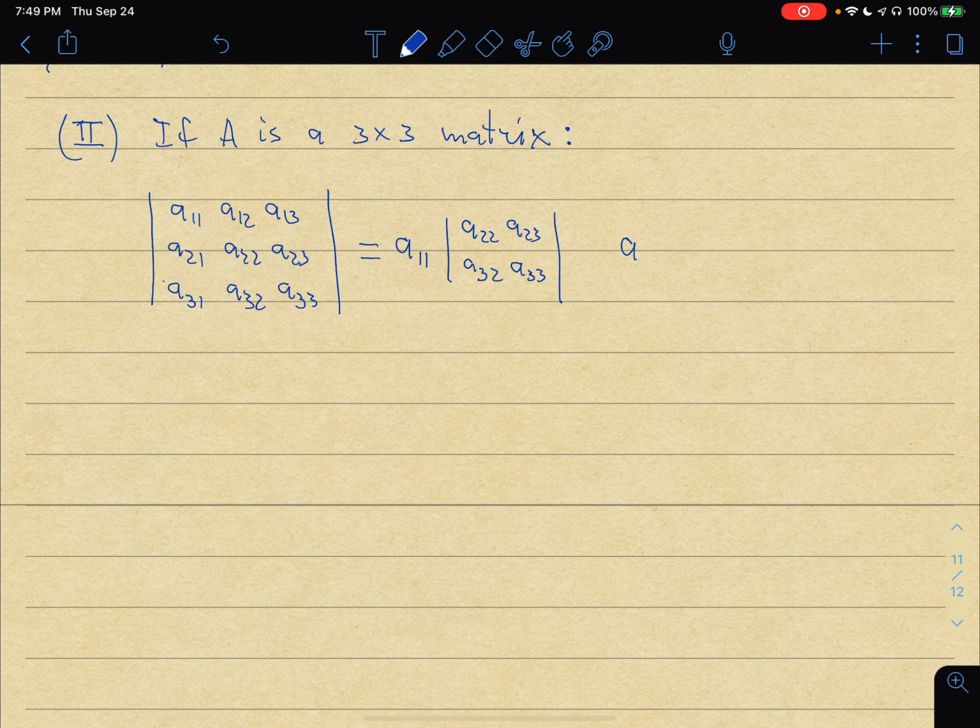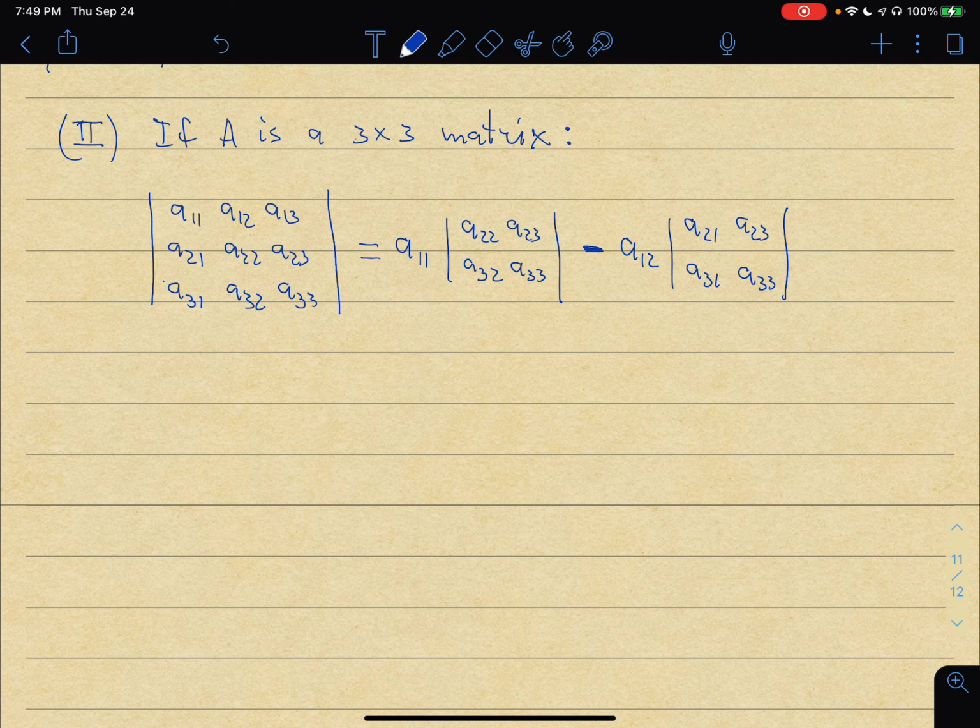And so we're going to take A12 and multiply it by that determinant, A21, A23, A31, A33. And in this case, we're going to put a minus sign in here.